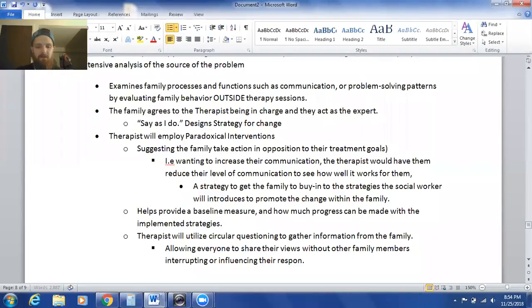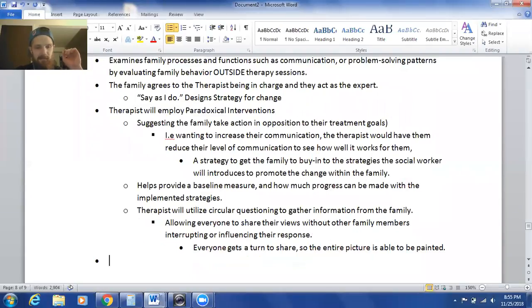The reasoning for that is everyone gets a turn to share, so the entire picture is able to be painted. So that is CBT, DBT, behavioral modification, solution focused, task centered, Bowen's, structural family therapy, and strategic family therapy.